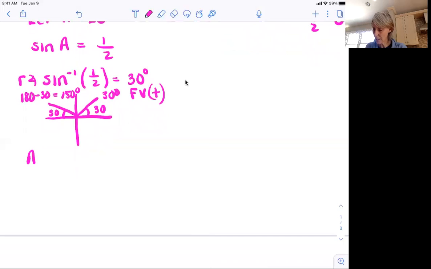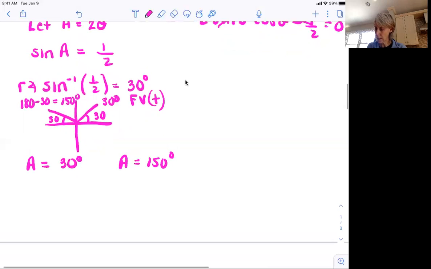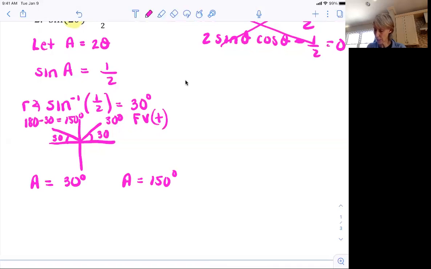So A is 30, A is 150. But remember, we're not solving for A. What are we solving for? A is really equal to 2 theta. We want to solve for theta.